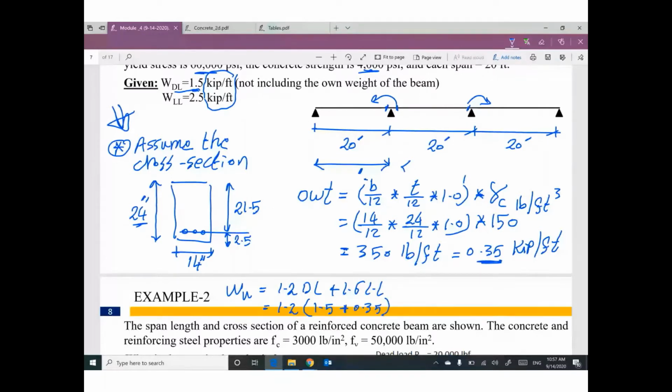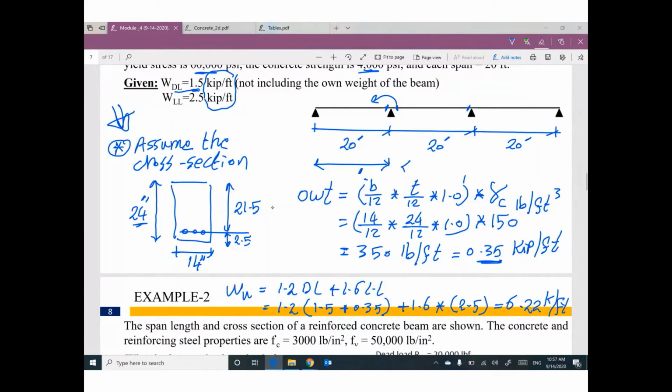Plus 1.6 times live load 2.5. Your final answer will be 6.22 kips per foot.